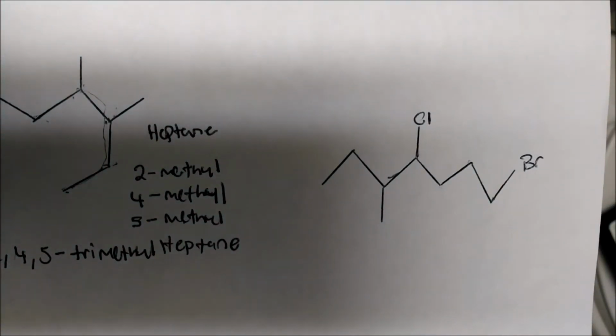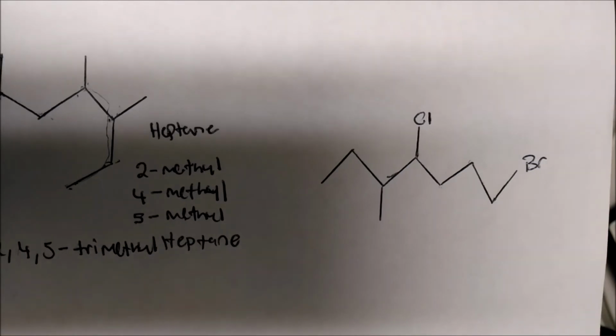Now with halogens, as substituents, they take on this form of an O at the end. So chlorine is actually chloro as a substituent. Bromine is actually bromo as a substituent. Fluorine is actually fluoro as a substituent. Again, nothing changes here.